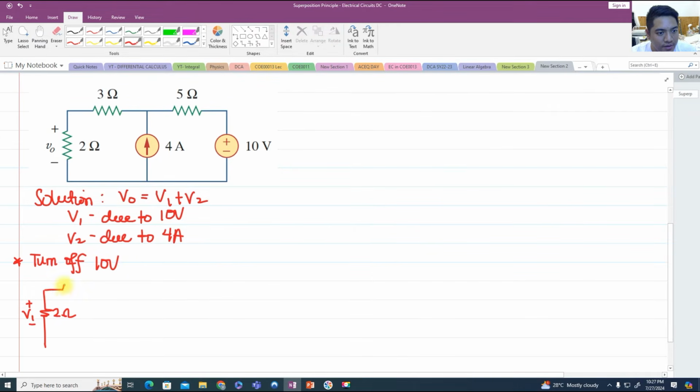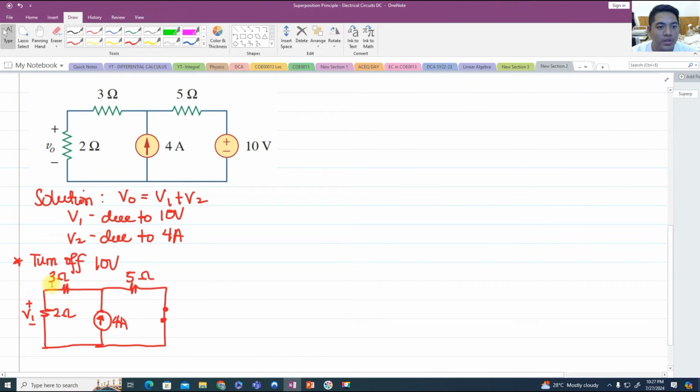You have 3 ohms here, a 4 amperes here, and 5 ohms here, and the voltage source will be replaced by a short. So you have 5 ohms, you have 3 ohms.